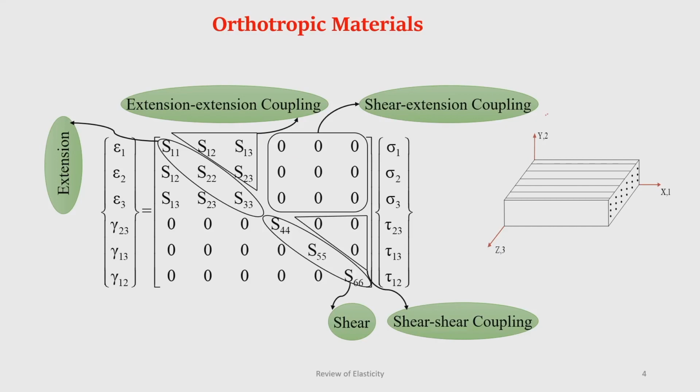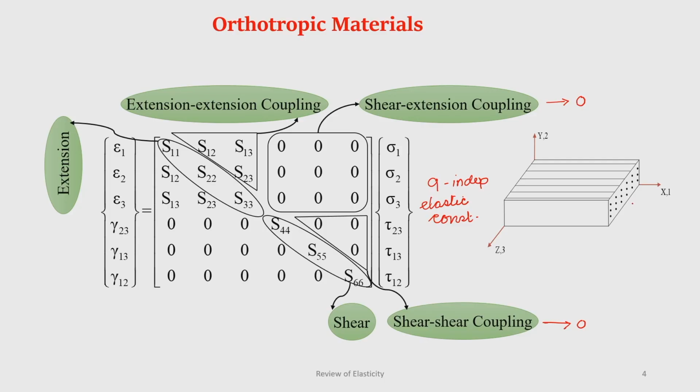Therefore, when there are 3 mutually perpendicular planes of material property symmetry, all the shear extension coupling terms go to 0, all the shear coupling terms also go to 0, leaving only 9 independent elastic constants. So, what does that mean physically?